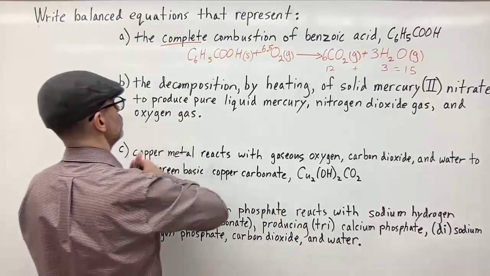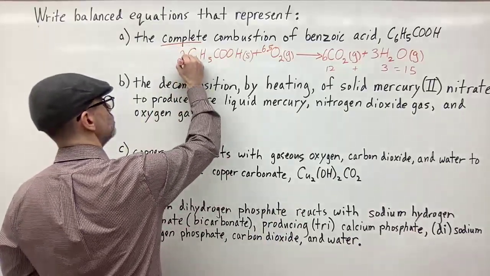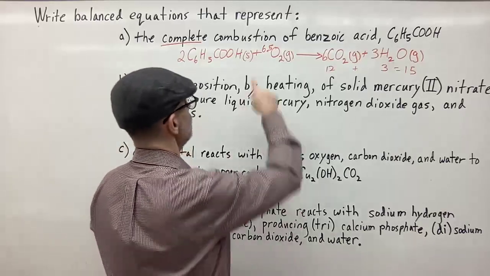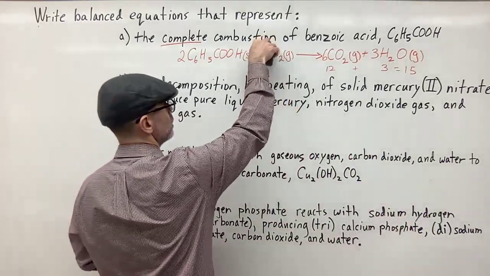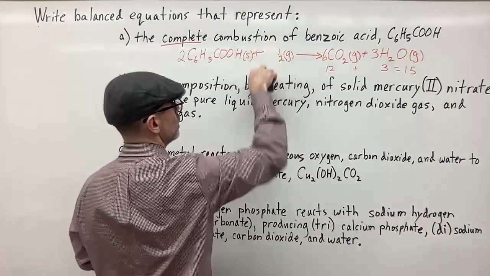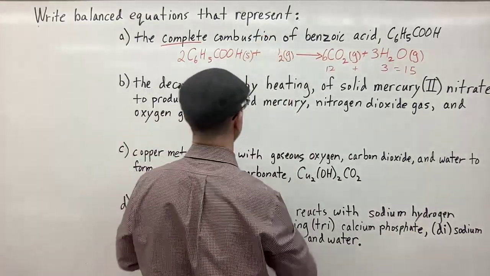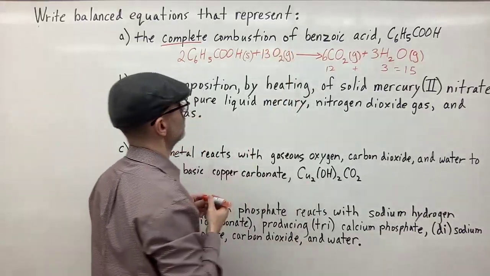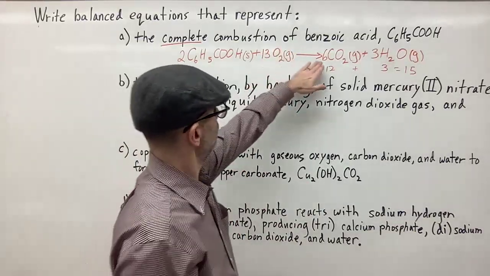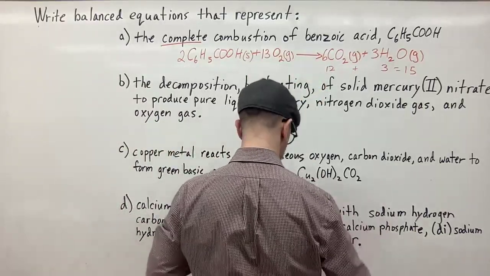So 1 times 2 is 2. 6.5 times 2 is 13. Six times 2 is 12.